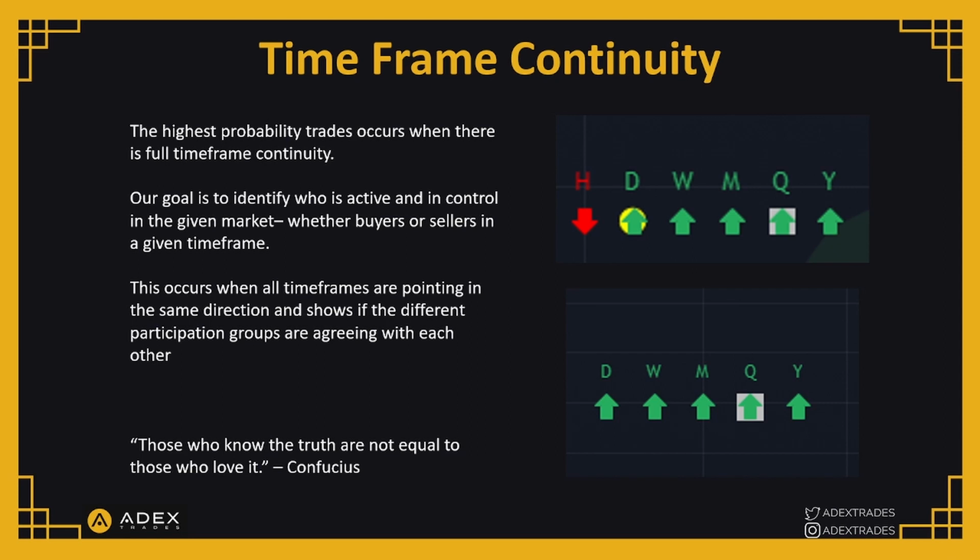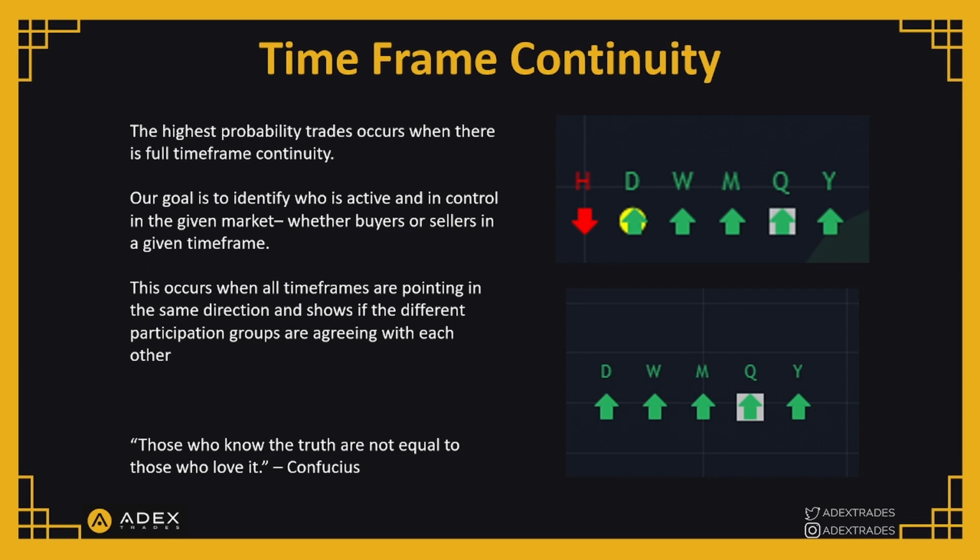Our goal as a trader is to identify who is actively in control in the given market, whether that be buyers or sellers. And this occurs when all time frames are pointing in the same direction, and it shows that the different participation groups are agreeing with each other or not. So whether price is above the previous high or it's below the previous low.